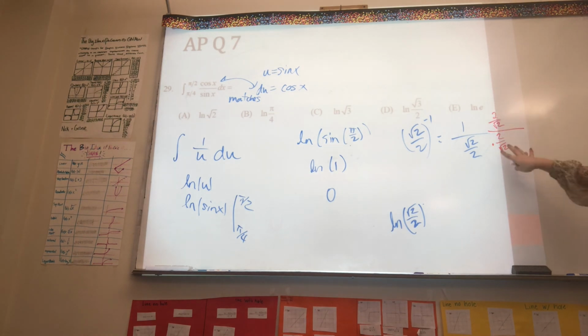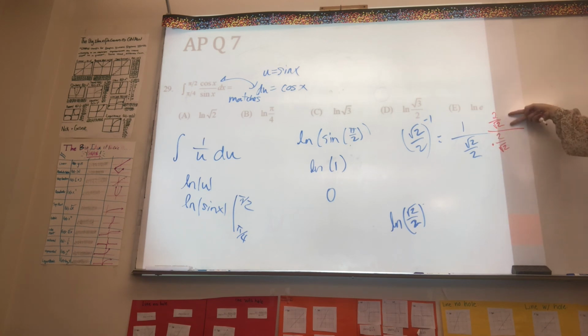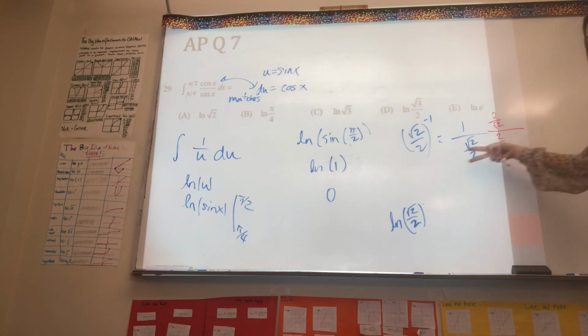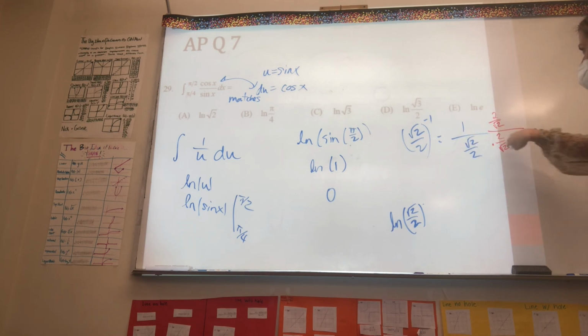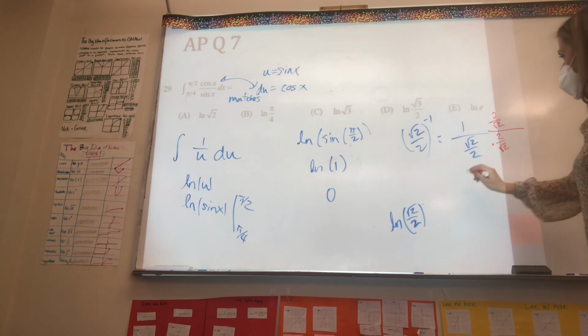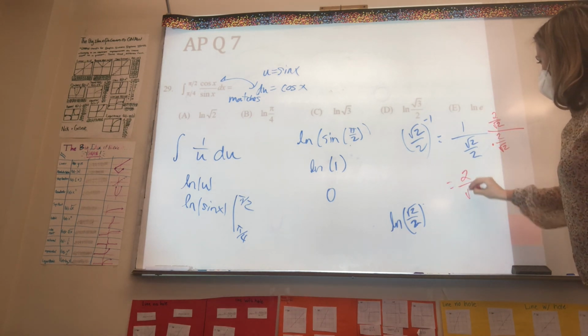Do you agree that this is 1? So I take the reciprocal of the denominator and put it under itself. The denominator multiplied to 1, which is what I want, no more denominator. So the denominator is gone, and this is just 2 over root 2.